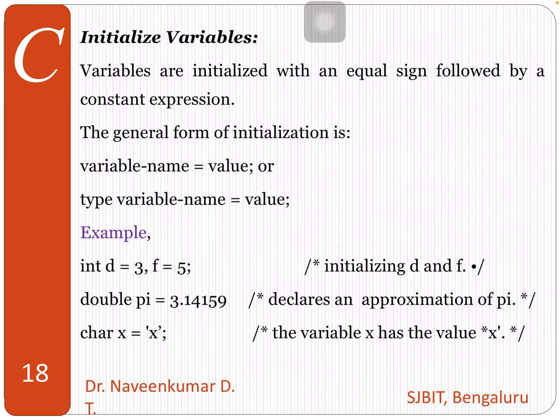Or f is equal to 5, where 5 is stored at memory location f. And double is a data type, and pi is equal to 3.14159, which is stored at the location pi. Also, for a character, x is equal to 'x', which we use as a variable with a letter in single quotes.